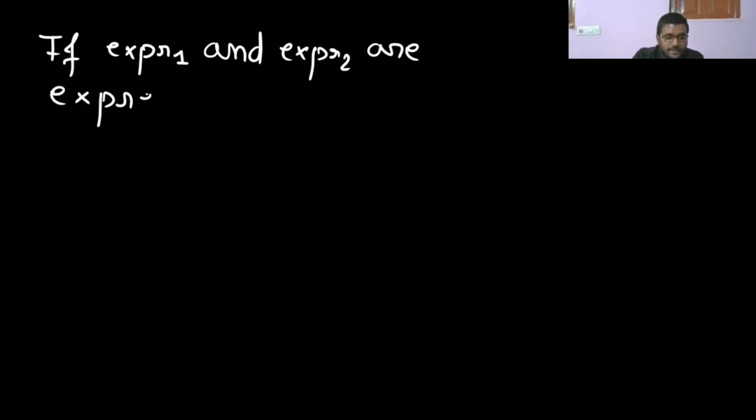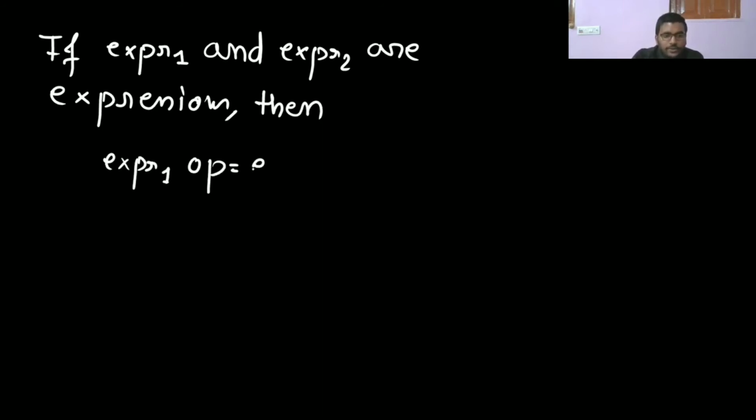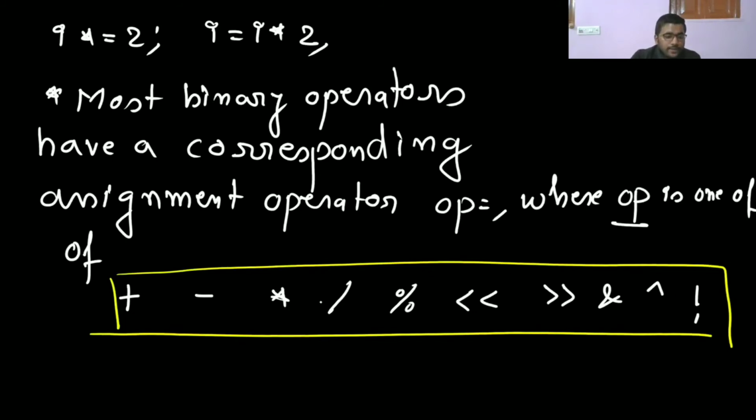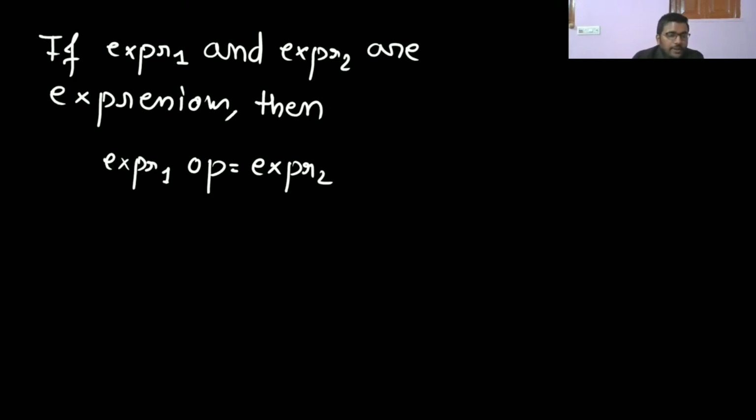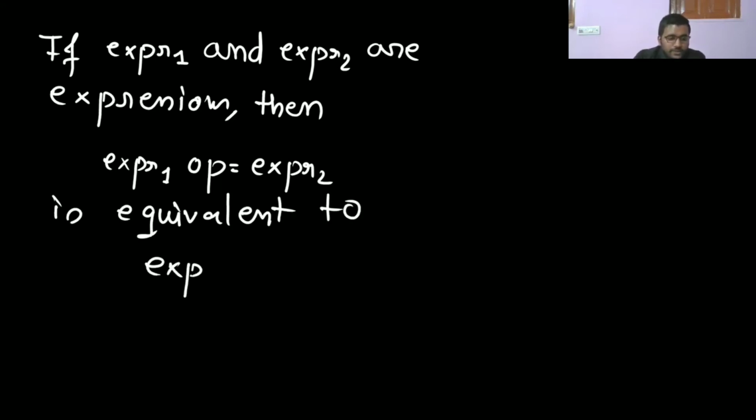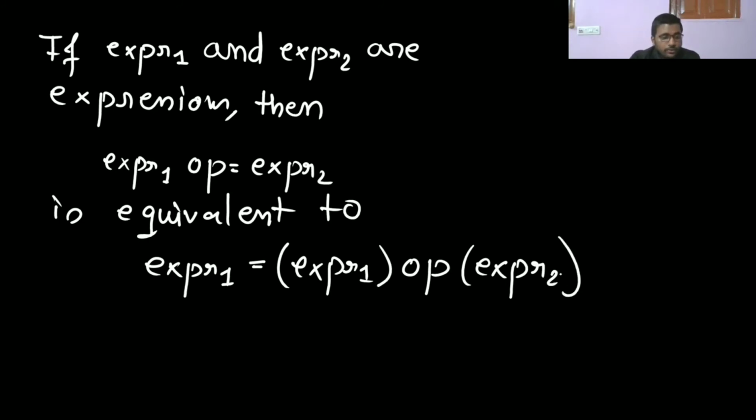So if expr1 and expr2 are expressions, then expression 1 operator equal to expression 2 is evaluated, is equivalent to expression 1 equal to expression 1, in bracket parentheses, operator, then expression 2. This is very important, don't make a mistake here.